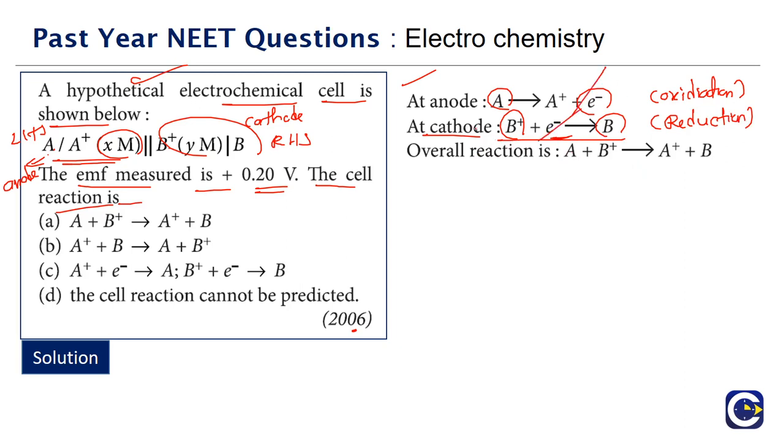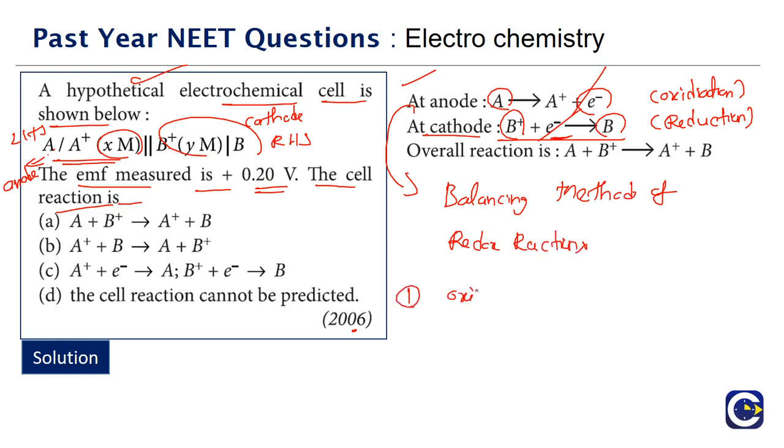When we are adding the anode half reaction and cathode half reaction, we have to make sure that on both sides the number of electrons are the same. In fact, this is what we will do in the balancing method also. Remember, we will talk about the balancing methods of redox reactions. There are two methods of balancing redox reactions.